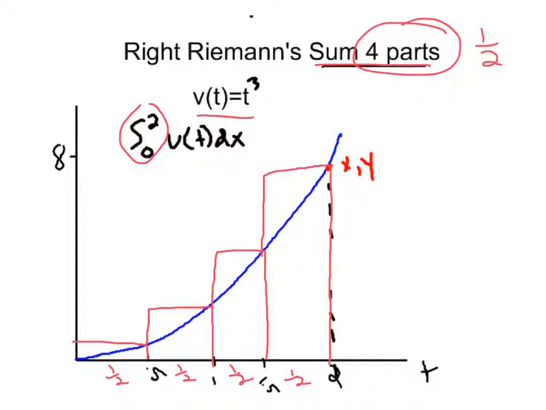The third piece of information is what type of Riemann sum. Over the next 2 days, we're going to do right Riemann sums and left Riemann sums, and midpoint and trapezoidal will be tomorrow. So this is a right Riemann sum, which means that the height of each rectangle is dictated by the height at the rightmost x value.